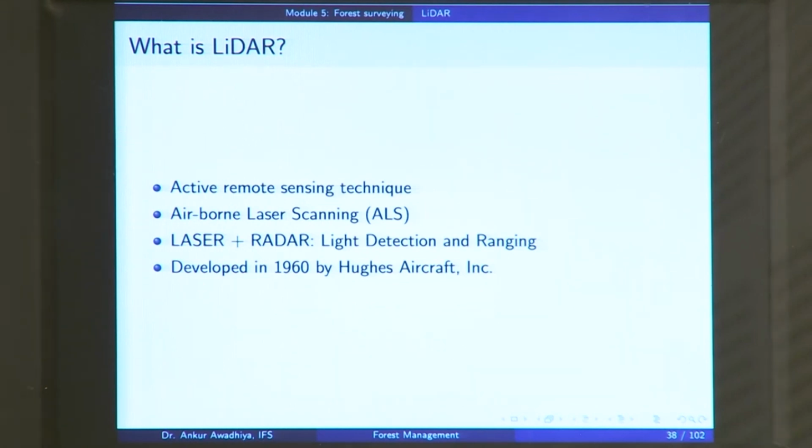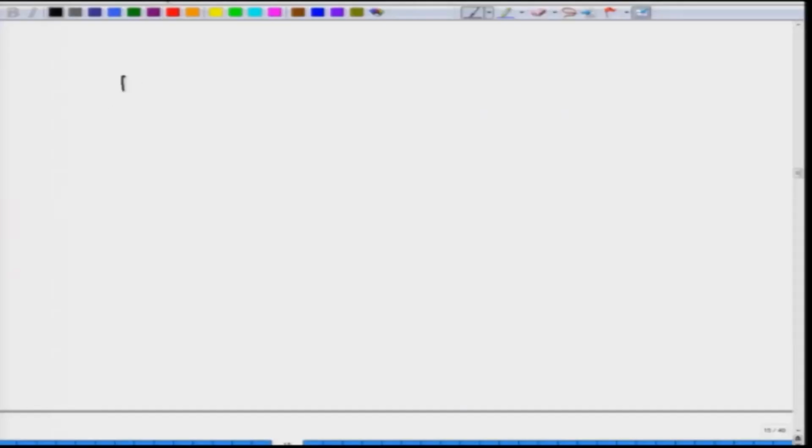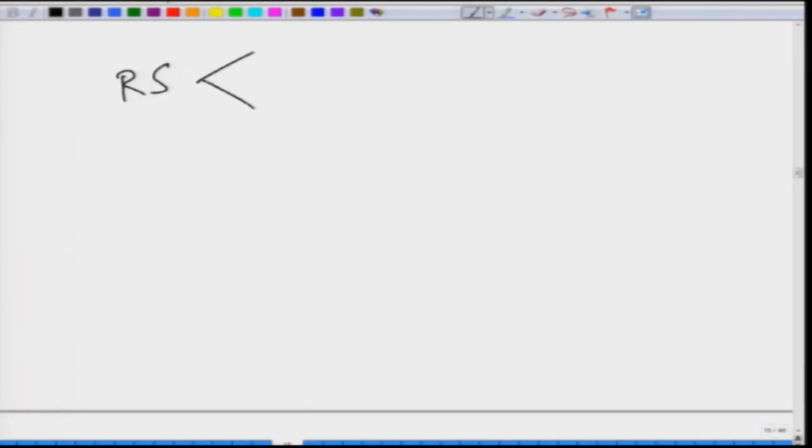Now, what is an active remote sensing technique? As we saw in one of the previous lectures, when we talk about remote sensing, it is sensing from a distance, sensing something remotely, getting information about something from a distance without a physical contact with that object. Now, the remote sensing can be active or it can be passive.